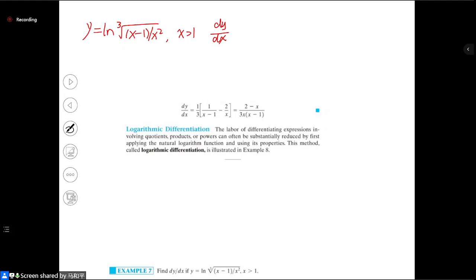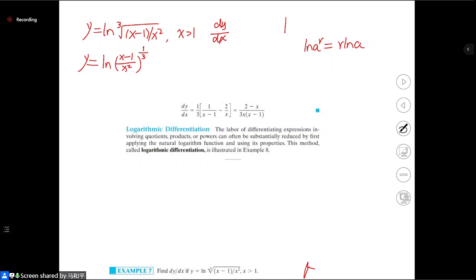And first we write y is equal to ln of the cube root of (x minus 1) over x squared. We write the power as 1 over 3, right? And by the first property we learned, ln a to the power r is equal to r times ln a.